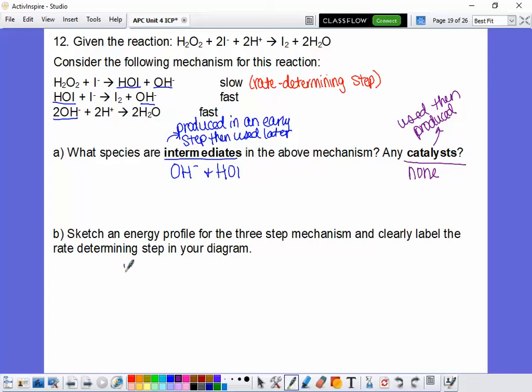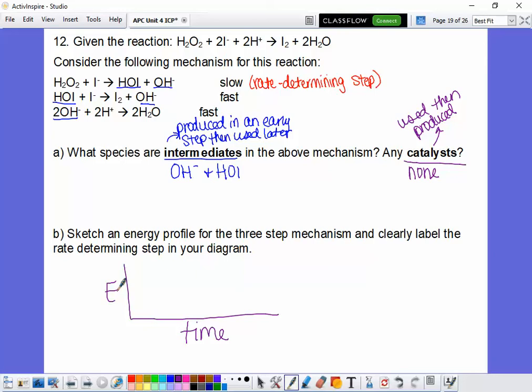The first peak. So for your energy profile, time is always on the x-axis, and energy is on the y. And we're going to have 3 peaks. The first one just needs to be higher than the other 2. We don't have any other data than that. We don't know the relative heights of the 2 fast steps, their peaks. We don't know if one is going to be higher than the other.